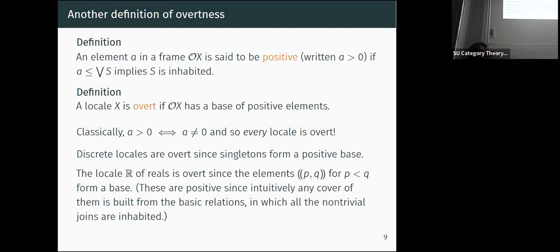But we didn't prove that it was actually spatial, that it was determined by its points. Because you're saying you can't do that constructively. So constructively, you can't necessarily show that. It depends. In certain situations, like for certain models, it would be true. For certain ones, it won't be true. I talk about this a bit later, but an example where it's false is in the effective topos. When everything needs to be computable, it's not true.